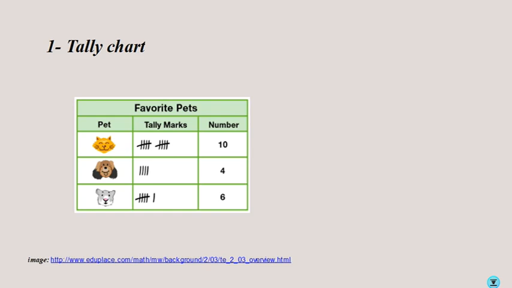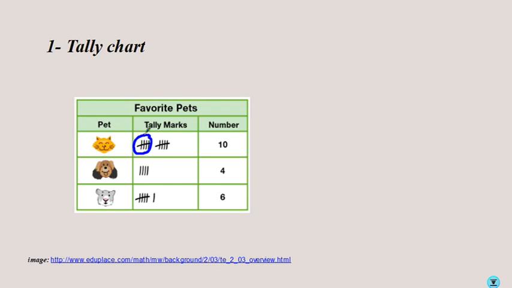The first type is tally charts. Let's say you are a grade 1 teacher and you go around the class asking them what their favorite pet is, and as the class answers you make a tally mark against the picture of the pet that they prefer. When you collect 4 tallies and you get the 5th, you put the 5th mark across, so you end up with groups of 5.